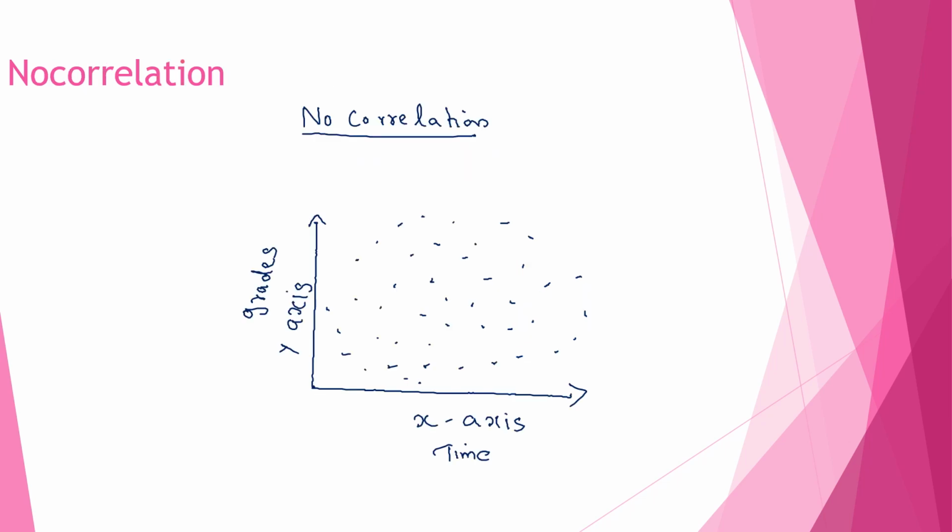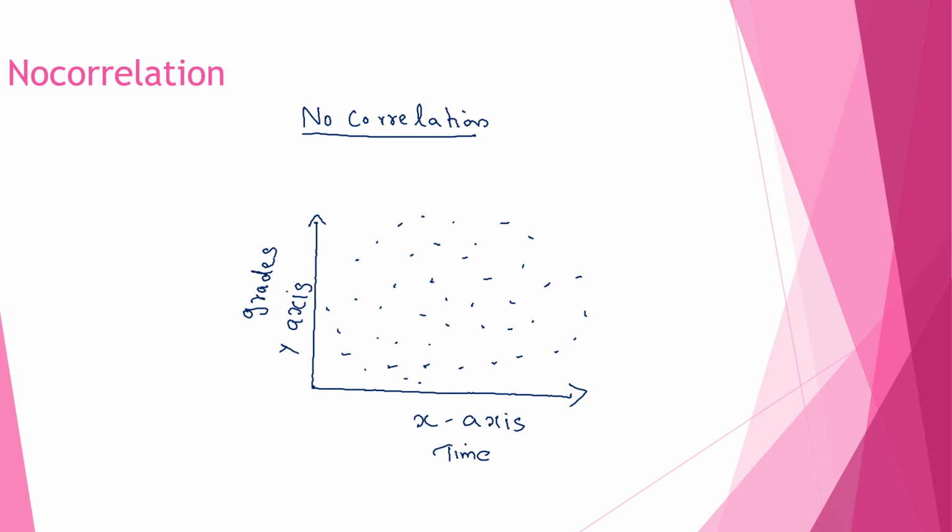Now we move on to the next case, no correlation. Here all the points or all the variables on the x-axis and y-axis, you can see they are scattered. There is no relationship between the variables. They don't follow any specific rules here. So such a relation is called no correlation. The variables have no relationship among themselves.